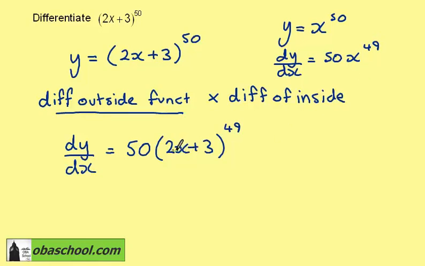Compare that with this expression and you can see the inside of the bracket has been treated as if it is just x. In essence, we've just differentiated treating the whole bracket and the function within it as an x.